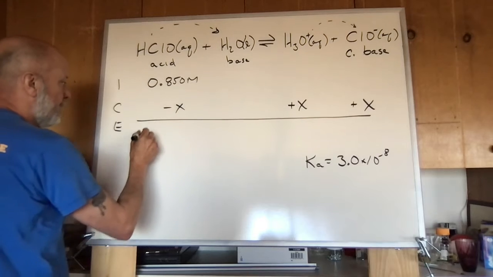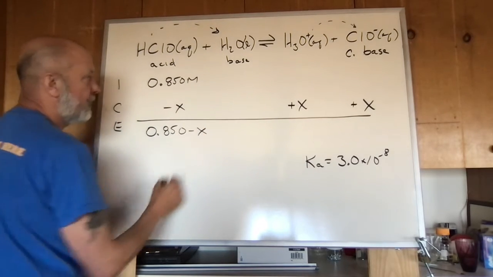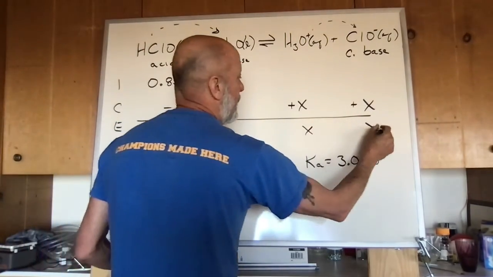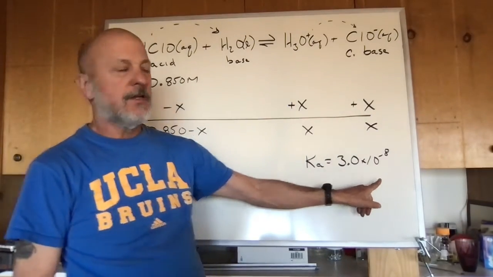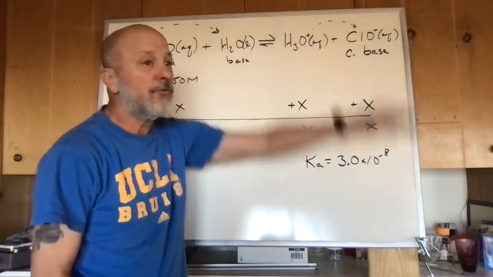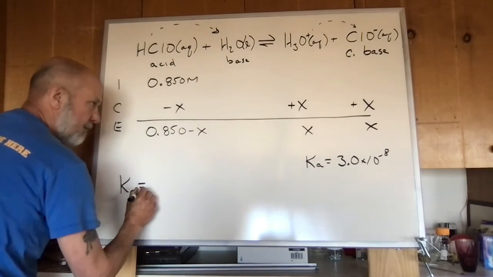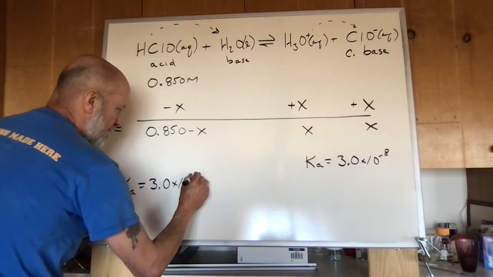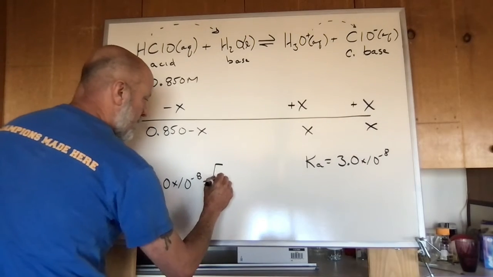Now, what do I have? 0.850 minus X amount of my acid. I've got X amount and X amount. Because Ka is such a small number here, let's write the expression for Ka. Products over reactants.